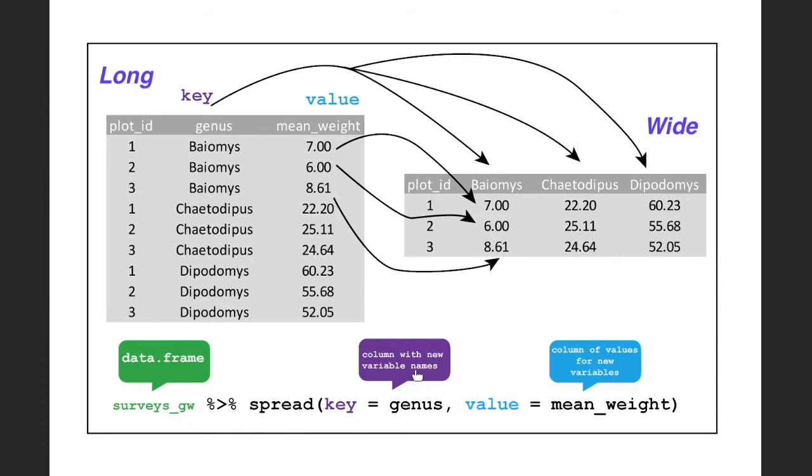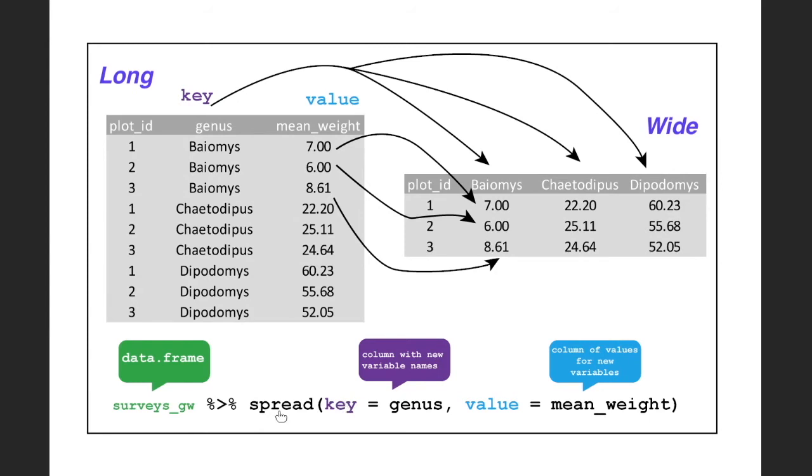We want to spread, and for each genus we get a new column, and we use the values of each. So we get plot ID 1, 2, 3. We get the different genus here as columns, and the mean weight is the content of the table.